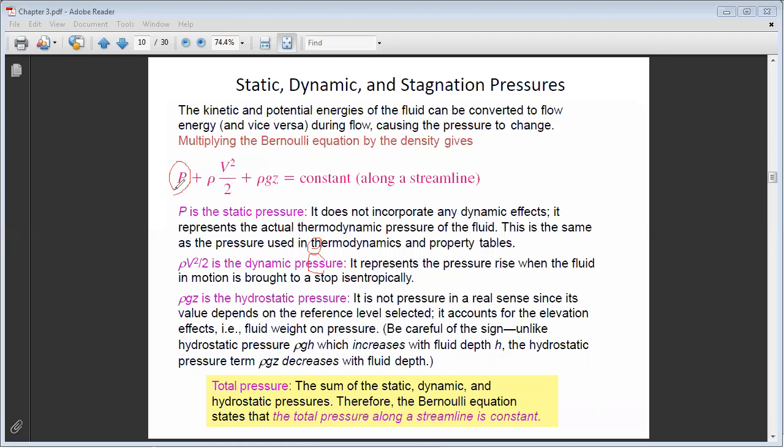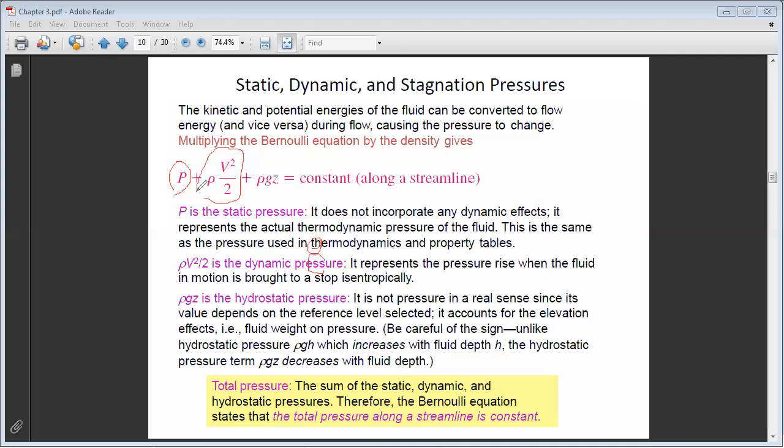So it will not incorporate any dynamic effect, and it will represent the actual pressure of the fluid. Now, rho v square over 2 is called the dynamic pressure. And it represents the pressure rise when the fluid in motion is brought to an isentropic stop.